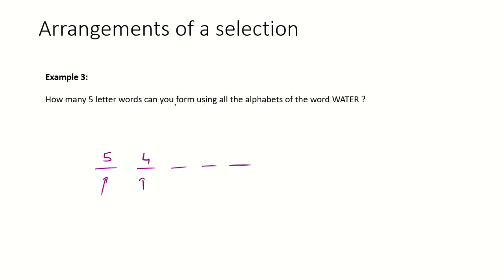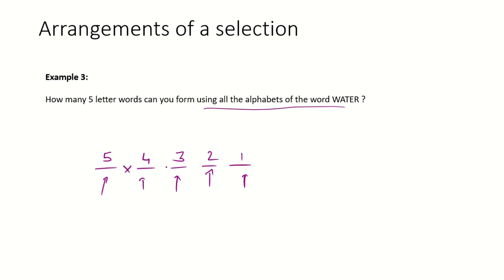Because 5-letter words we have to form using all the alphabets of the word water. So this one has only four remaining options, right? Because the fifth one of the options is already taken by the first place. Now the third place has three remaining alphabets to choose from. The fourth place has two remaining alphabets to choose from, and the fifth place has got one.